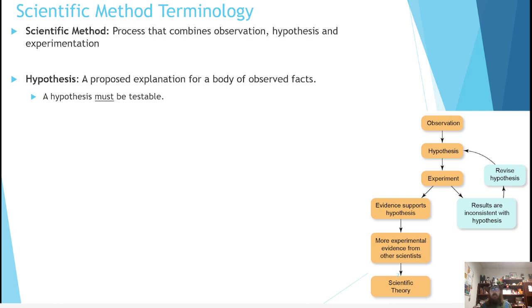So we revise our hypothesis, knowing that this wasn't spot on, and then we rerun more experiments and see what we can do. If the evidence does support the hypothesis, you're going to want to present that data. You're going to want to run more experiments and make sure that you're indeed right.